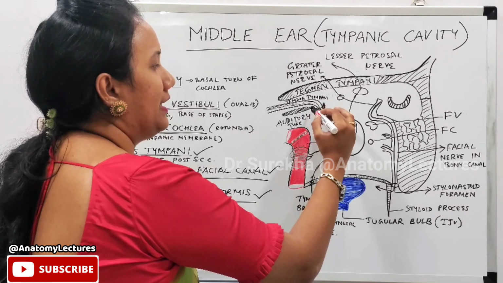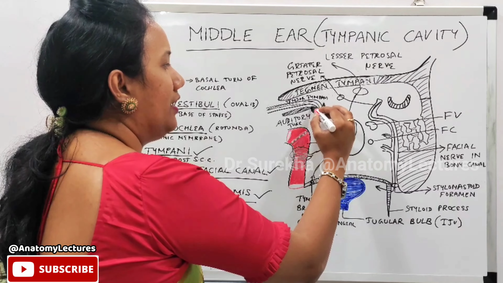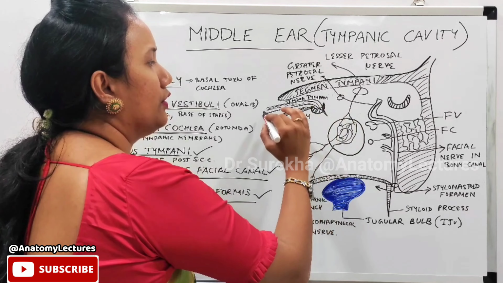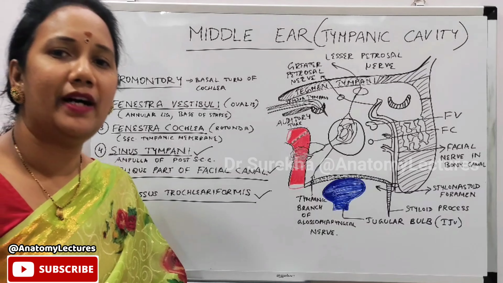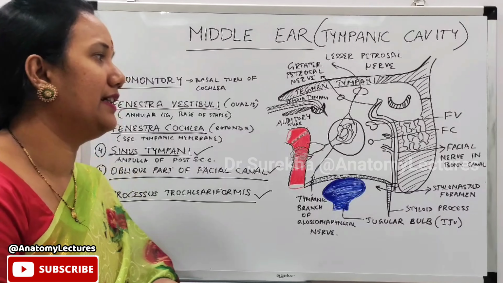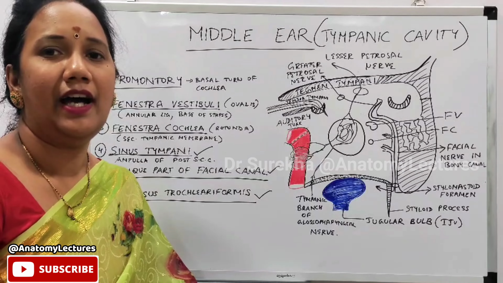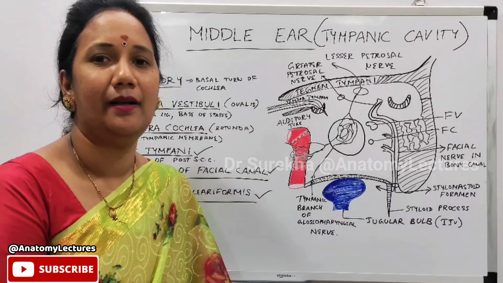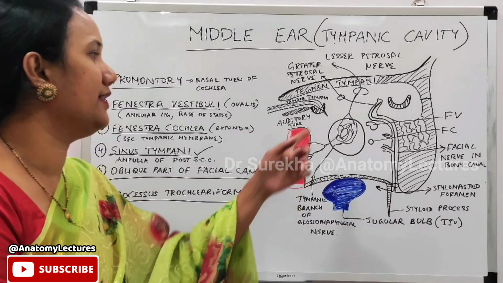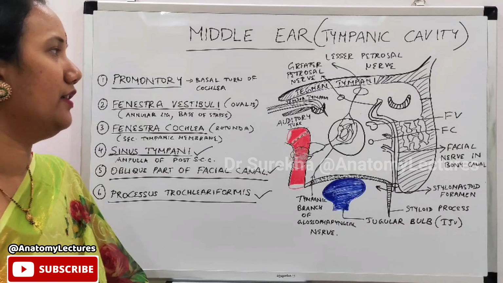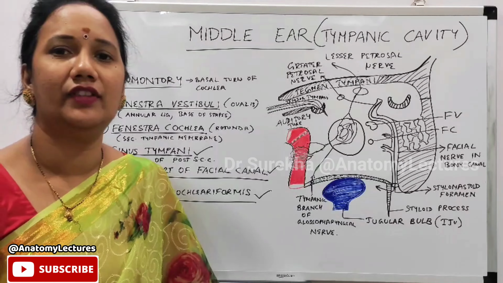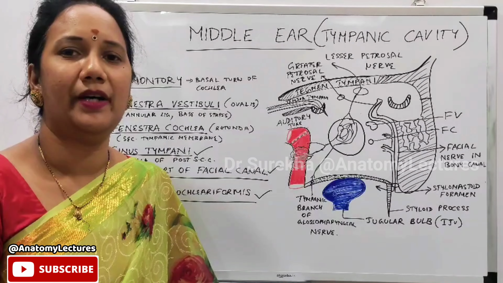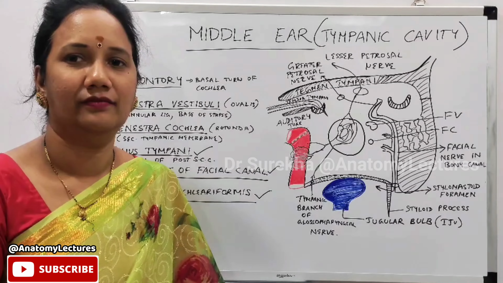It has a hook-like process through which the tensor tympani muscle will pass before it gets inserted into the anterior handle of the malleus. So these are the features you see in the medial wall of the middle ear or the tympanic cavity.